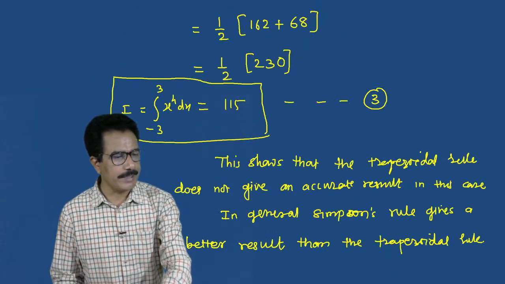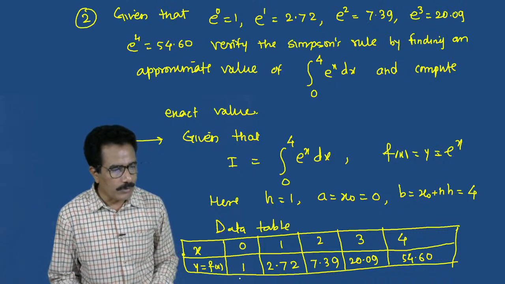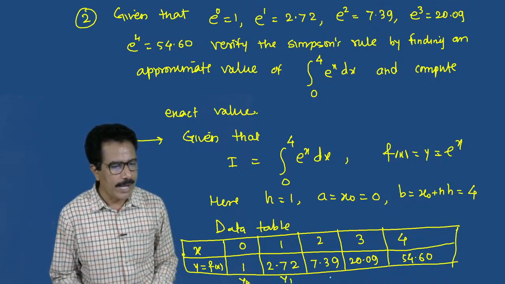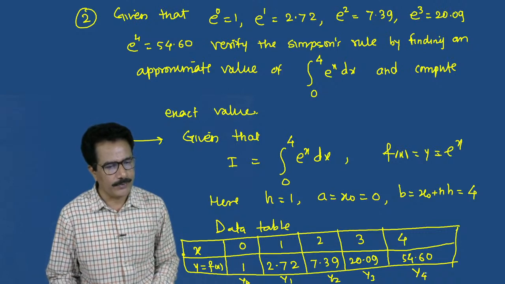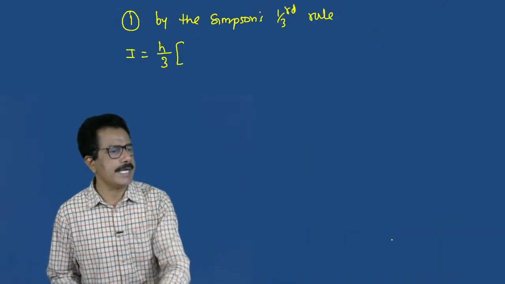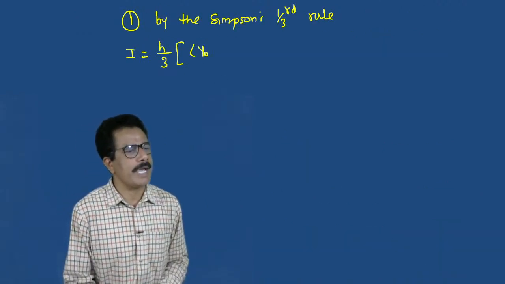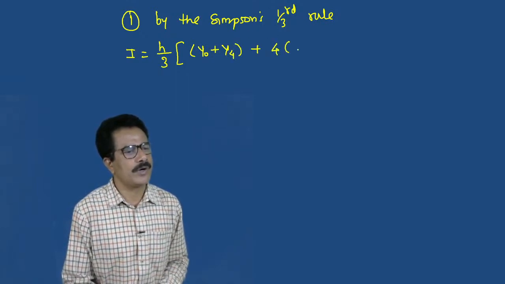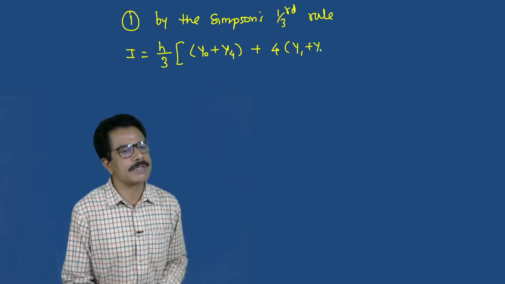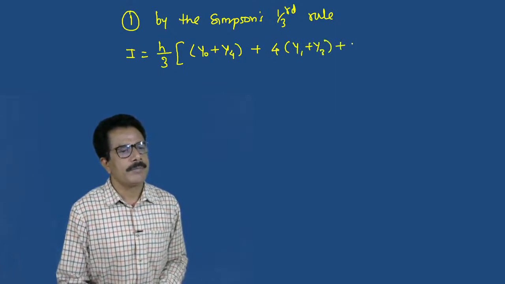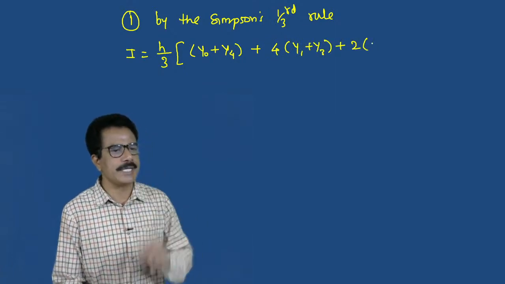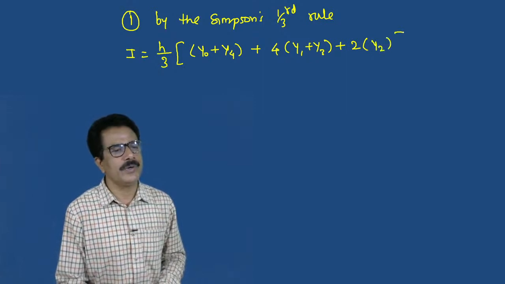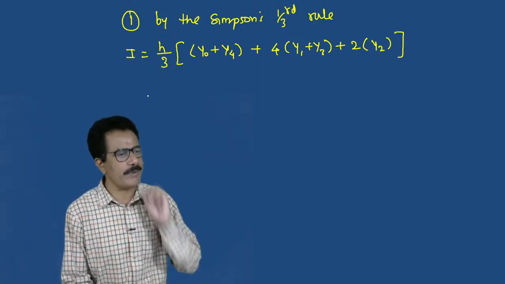So here we have given y0, y1, y2, y3, y4. So we can take in non-multiple y0 plus y4 plus 4 times of y1 plus y3 plus 2 times of even term y2. There is only one even term, y2.